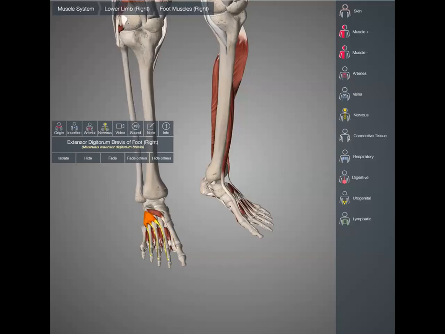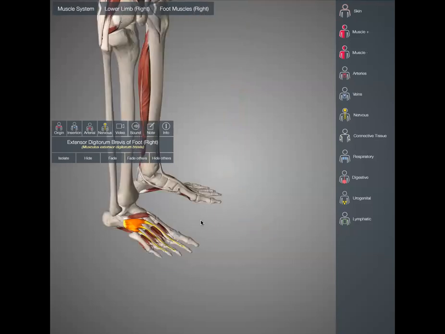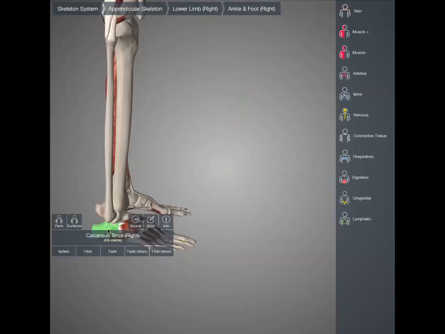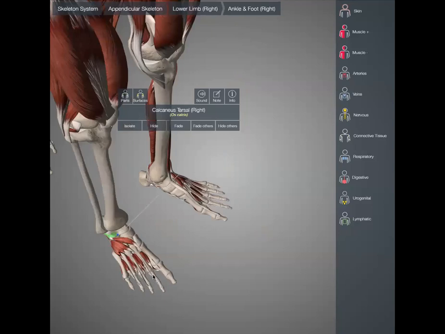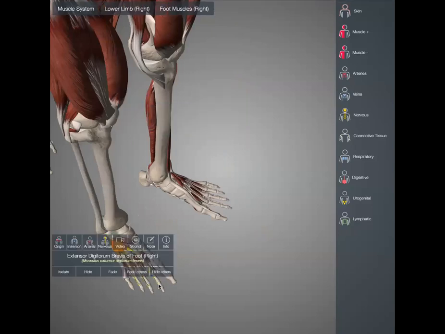The extensor digitorum brevis is a small, thin muscle, and lies underneath the extensor tendons of the foot. It originates here from the calcaneus, and it attaches onto the long extensor tendons of toes 2 to 4. You can see that it extends from 2 to 4.